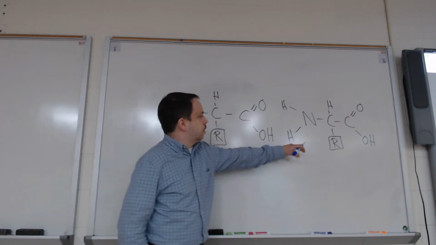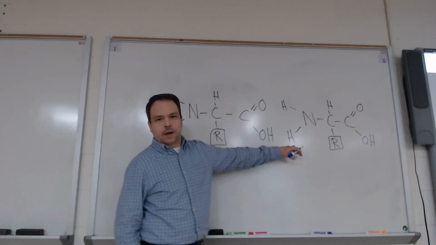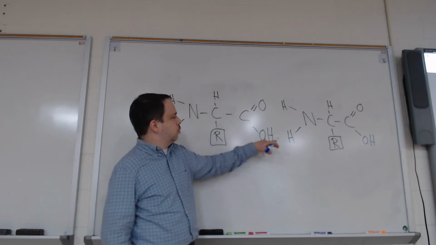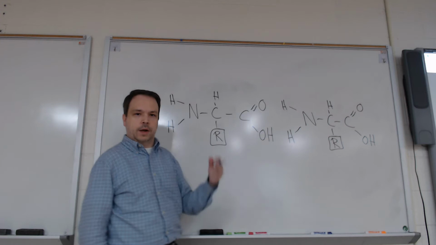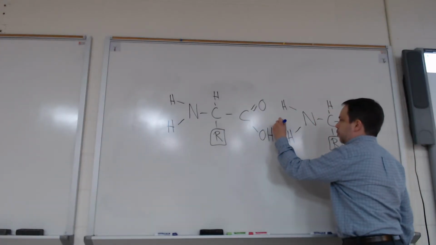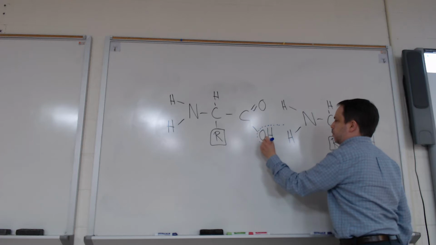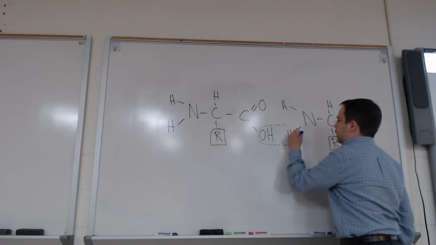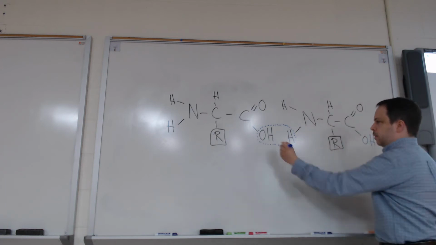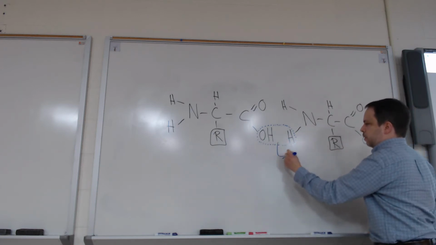This hydrogen here from the amine group of the next amino acid has another H. So 2 H's, 1 O, H2O, we get water. So I'm just going to draw a little circle around it to show you where the water is coming out of during this reaction. Okay, let's take this little arrow, draw it down.